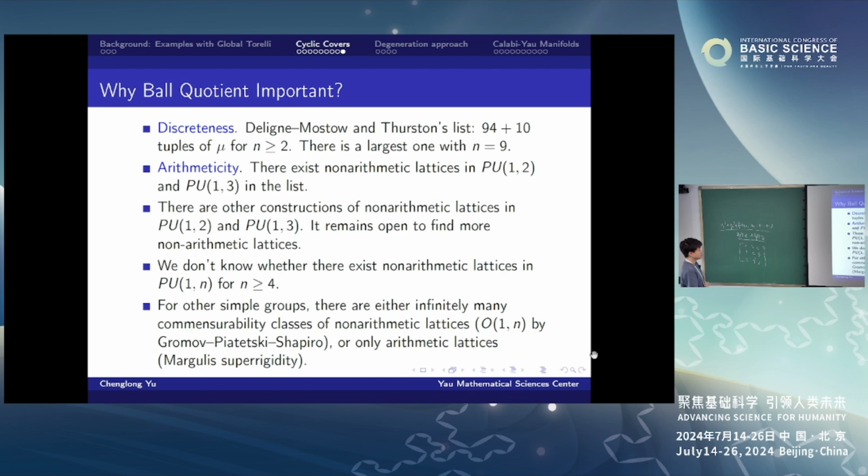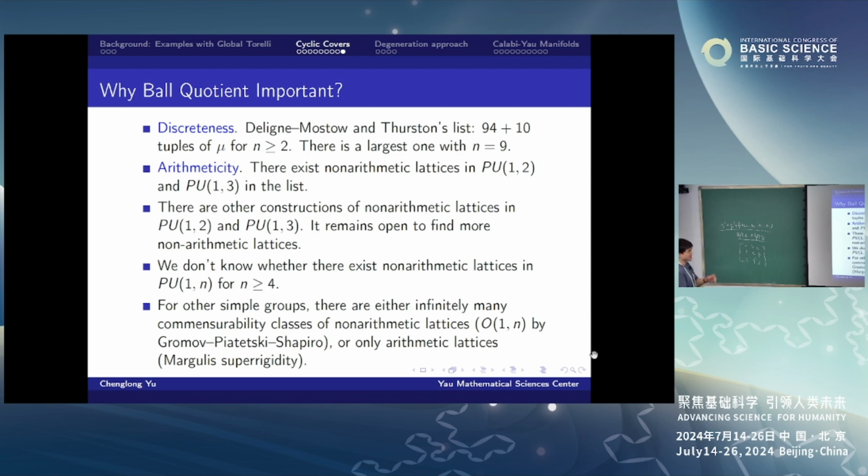And the important thing is the arithmeticity. From these 104 examples, there are some non-arithmetic lattices in PU12 and PU13. In PU13 there is only 1, and for PU12 there are around 10.